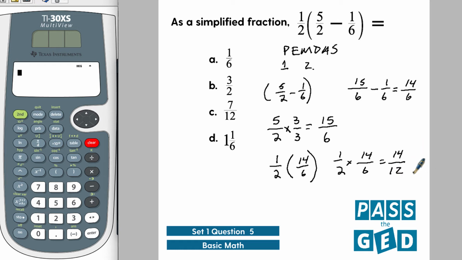So we can simplify this. These are both even numbers, so we can cut them in half. So this would be 7 over 6. If we drop that 7 over 6 down here, because that's not one of our answer choices, we've got 6 goes into 7 one time with 1 remaining, which is 1 1/6, which is our answer here, D.